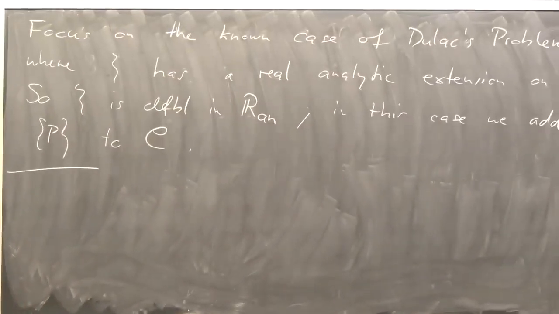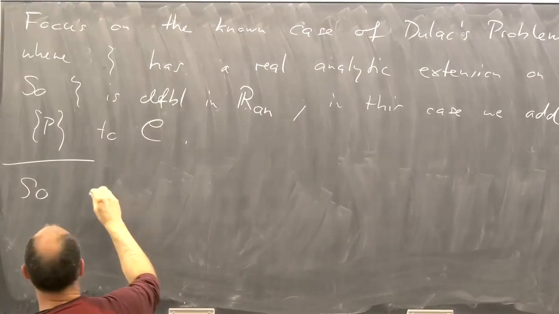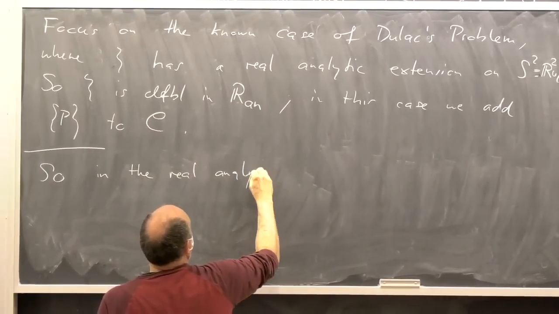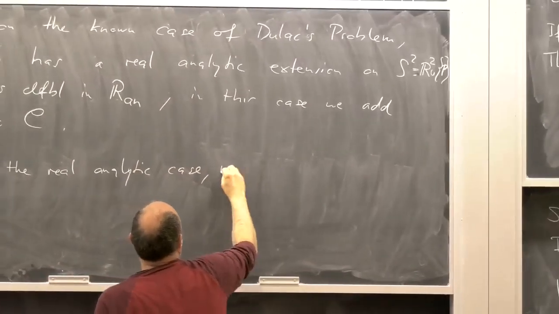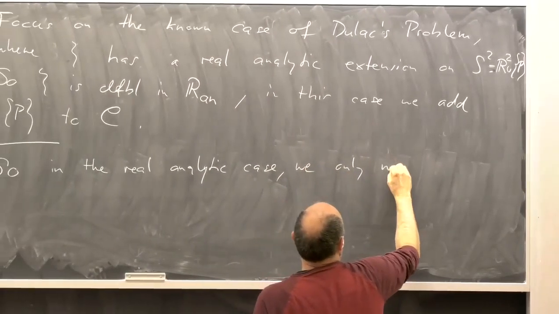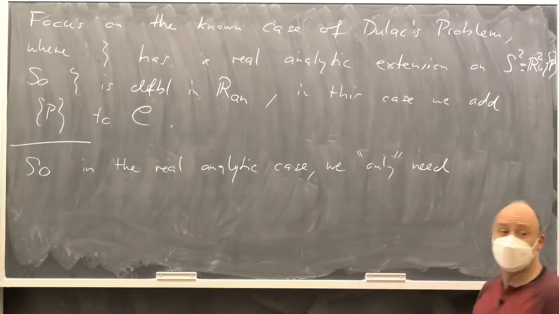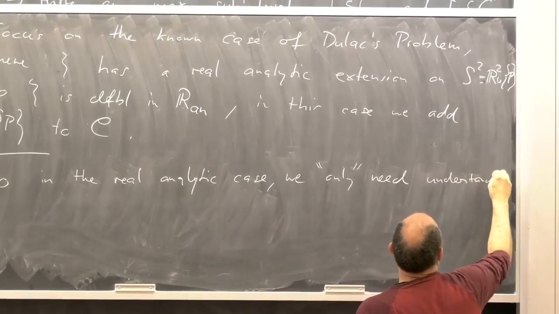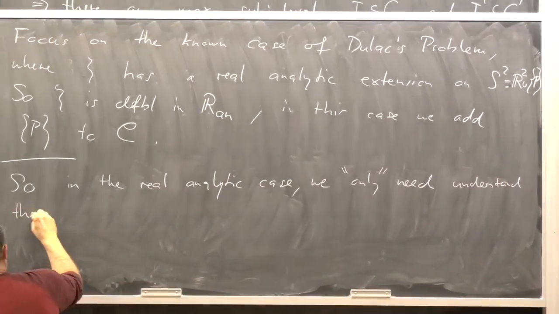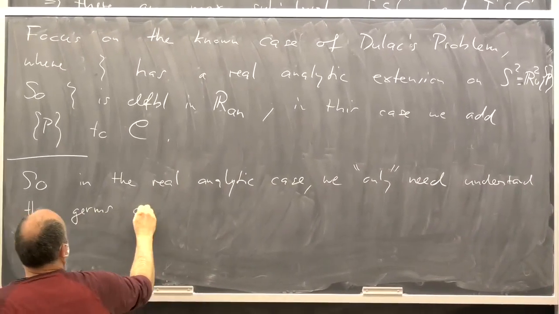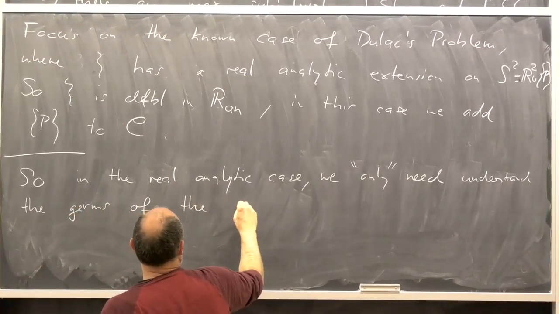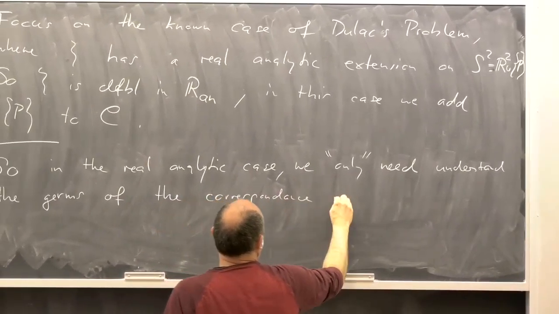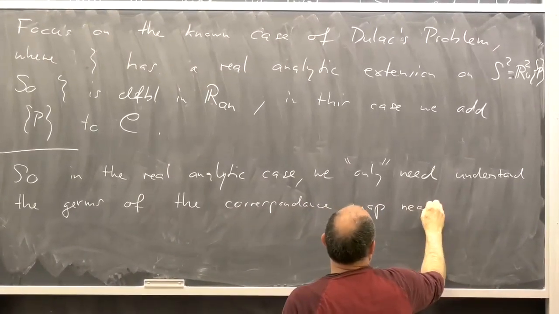So because of this, in the real analytic case, we only need to, and only here, I'm going to put this in quotes, understand, because we already understand the other parts, the germs of the correspondence maps near singular points.